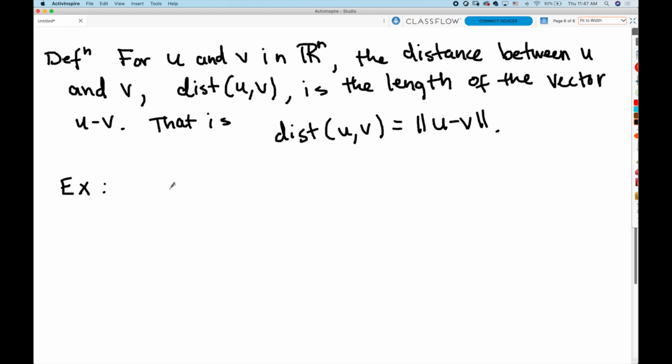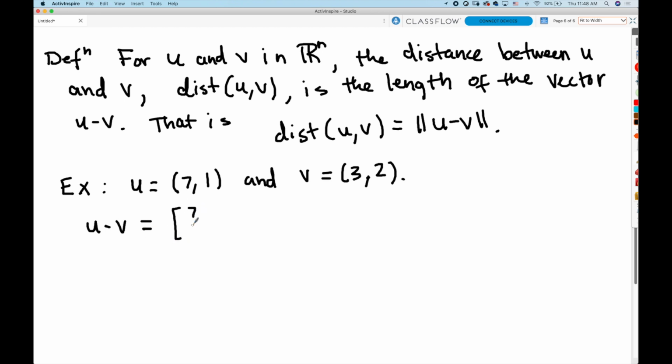All right, so we're going to let u be the vector (7, 1), and v be the vector (3, 2). Let's find the distance between u and v. So u minus v is equal to (7, 1) minus (3, 2), which gives me (4, -1).